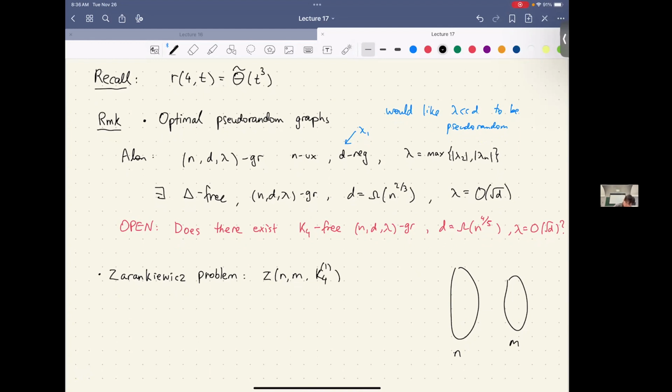One subdivision of K4 just means you have these four core vertices. How do I draw it? Right? These are the four core vertices. Originally, we have these edges.